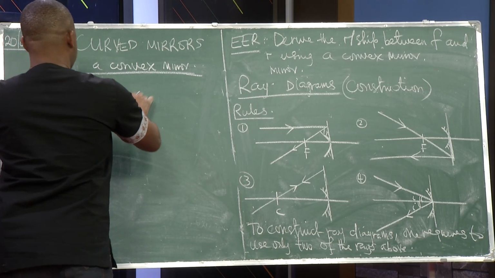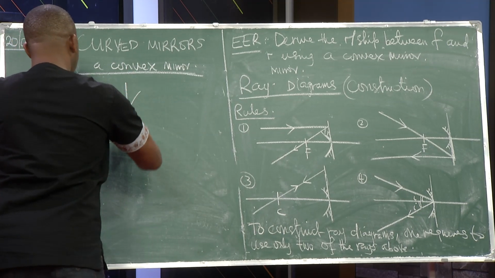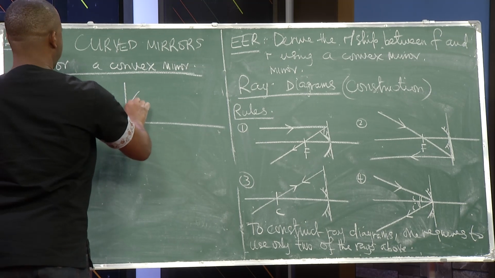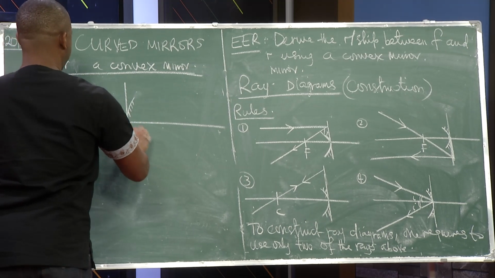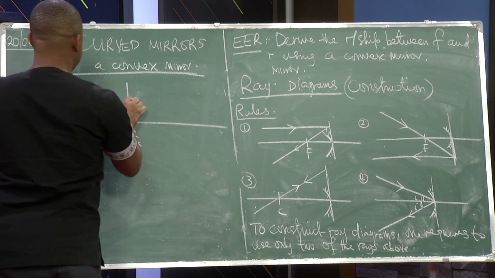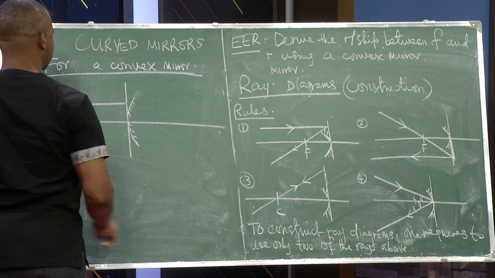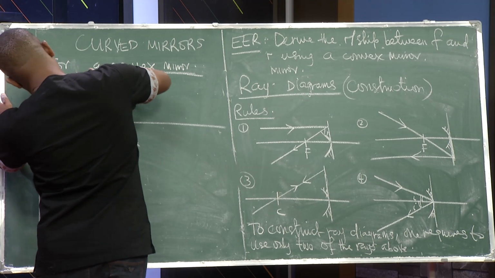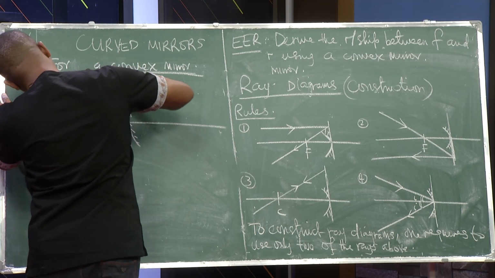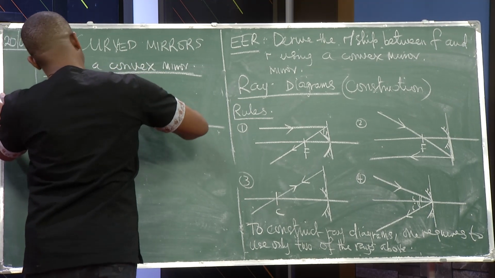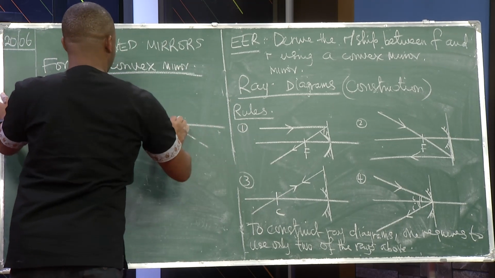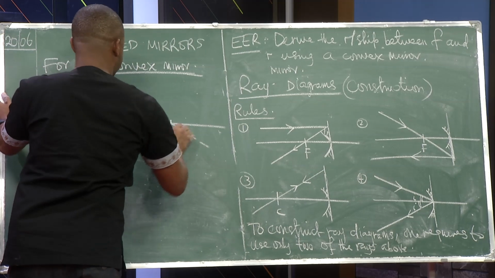If this is my convex mirror, I have already said that a ray incident, even if I stopped it there, will be reflected off, and will appear to an observer on the other side to be coming from the principal focus.